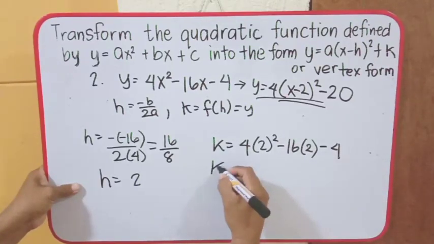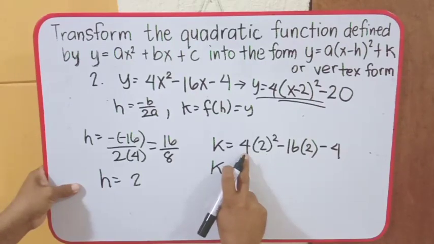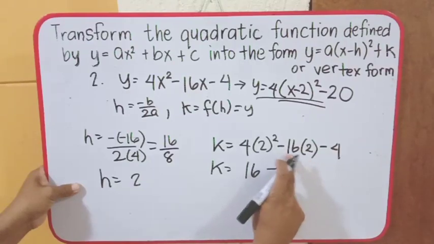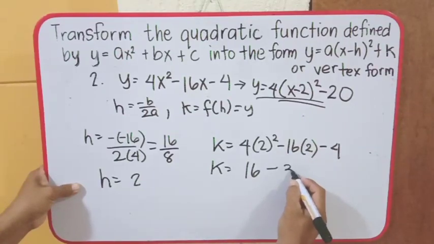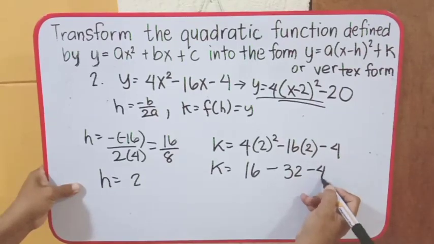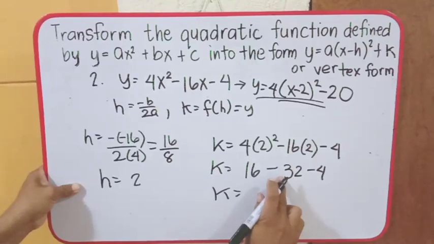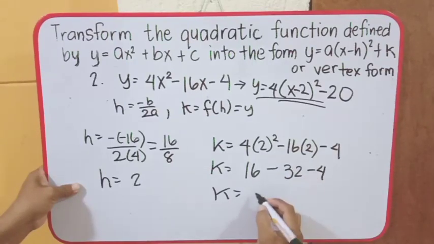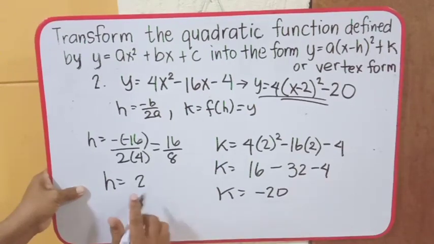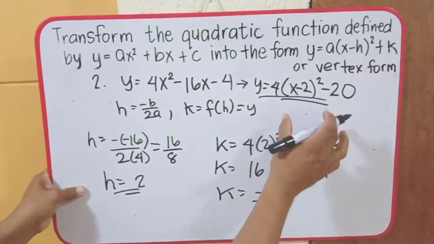By simplifying, 2 times 2 is 4 times 4, so that is 16. Then 16 times 2, that is negative 32. Bring down negative 4. By simplifying, 16 minus 32 minus 4 equals negative 20. So, ang h natin ay 2 at ang k natin ay negative 20.